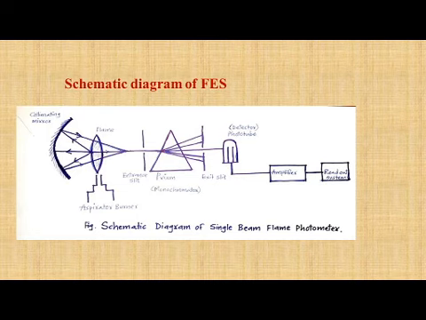After that there is an exit slit, then the radiation falls on the photodetector, which is a phototube. That signal is given to the amplifier, and finally the amplified signal is given to the readout system.